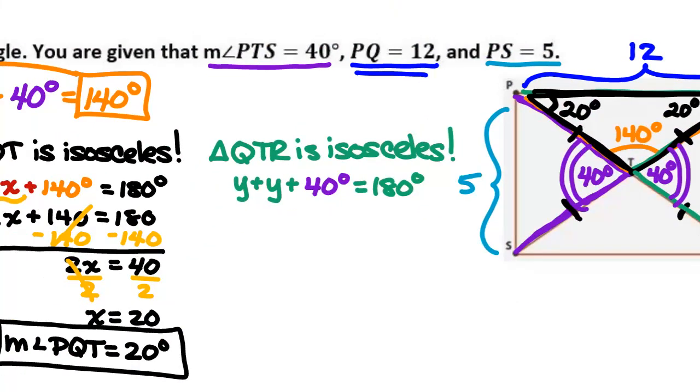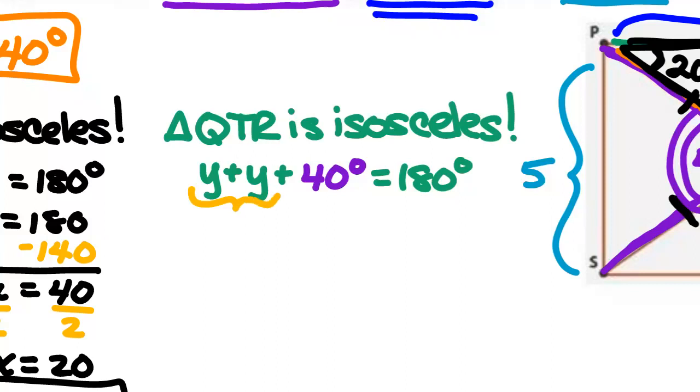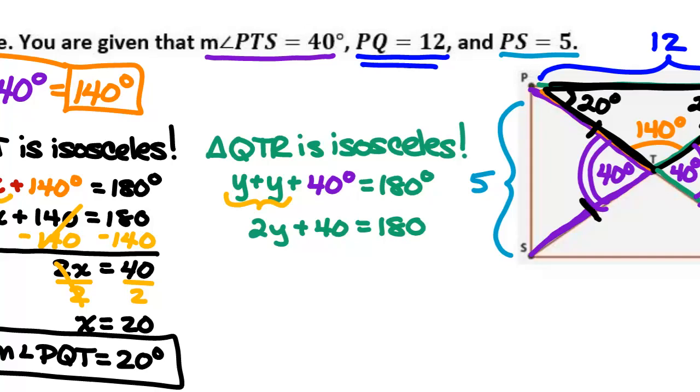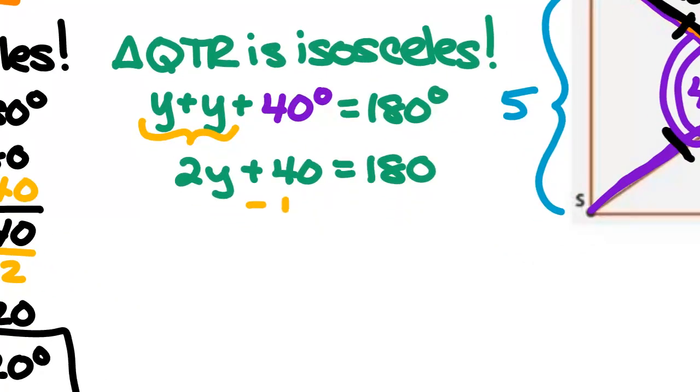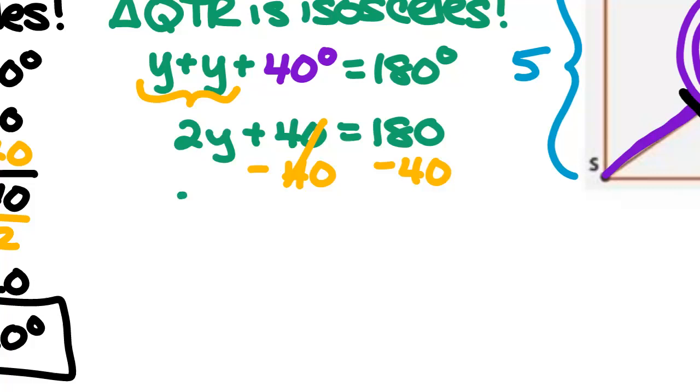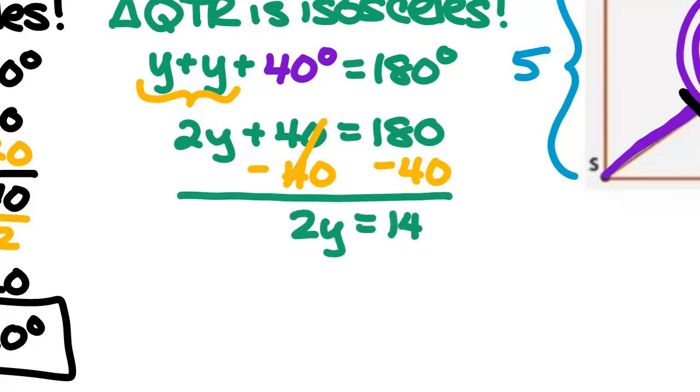All right, where to from here? Add our like terms together, so we're going to combine y and y together. So 2y plus 40 equals 180. What next? Yep, minus 40 from both sides. So I get 2y equals what? 2y equals 140.